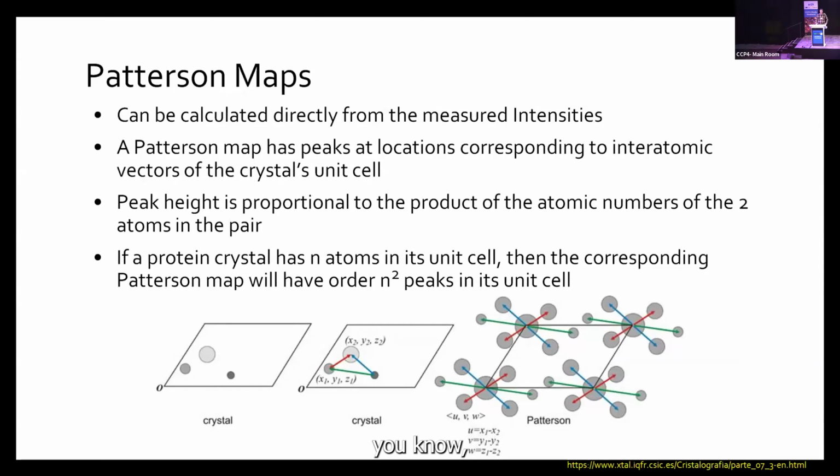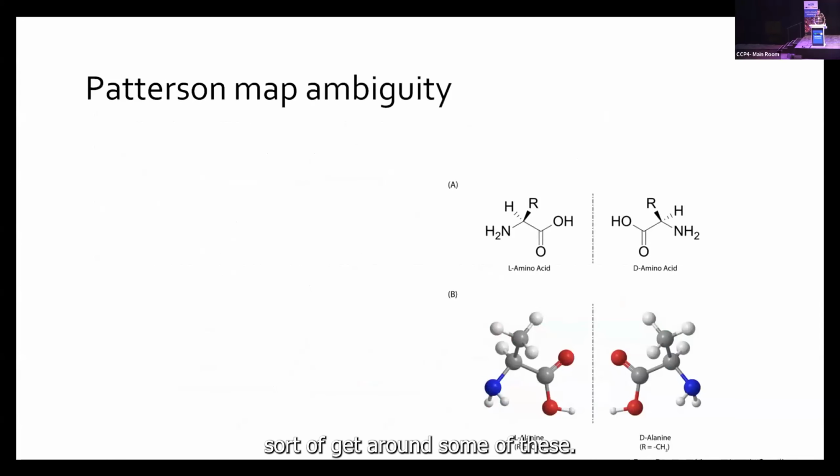So when you get to large structures, you have a lot of peak overlap. Traditionally, Patterson methods work well for small numbers of atoms, and they've been used a lot in substructure determination for anomalous scattering. But the question is, can machine learning get around some of this?